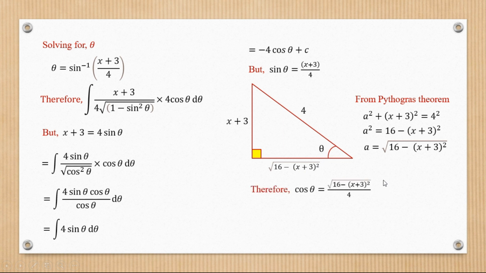So cos theta, which is adjacent over hypotenuse, shall be equal to this over that. So we have the root of 16 minus (x plus 3) squared, over 4. And now we can substitute everything back here, and we'll have negative 4 into this right here plus c. But this 4 and this 4 can cancel, and we'll be left with a negative outside, a negative root of 16 minus (x plus 3) squared plus c, and that will be the answer that we wanted.